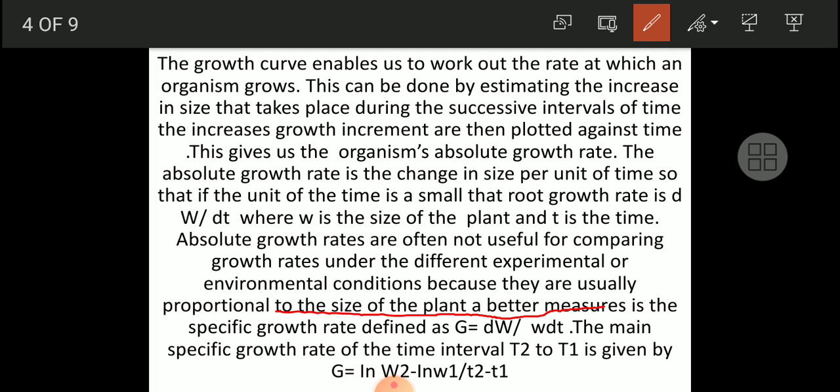A better measurement is the specific growth rate, defined as G is equal to dW by W dt. The mean specific growth rate over the time interval T1 to T2 is given by G is equal to ln W2 minus ln W1 divided by T2 minus T1.